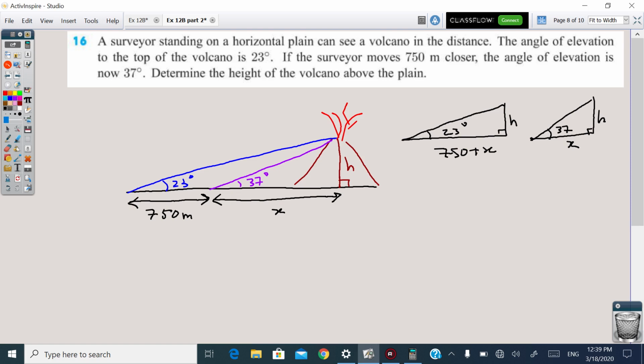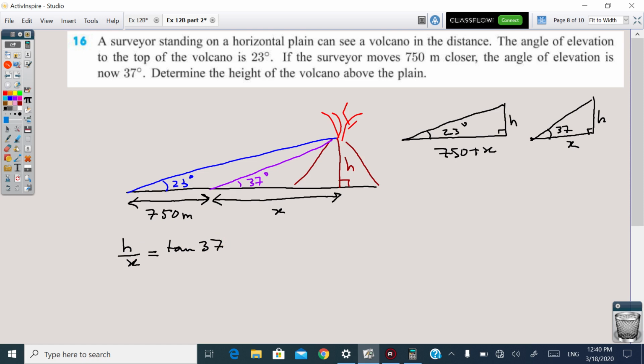And here we have two variables, which means that we need two equations. From the first triangle, the smaller one, h over x equals tan 37.